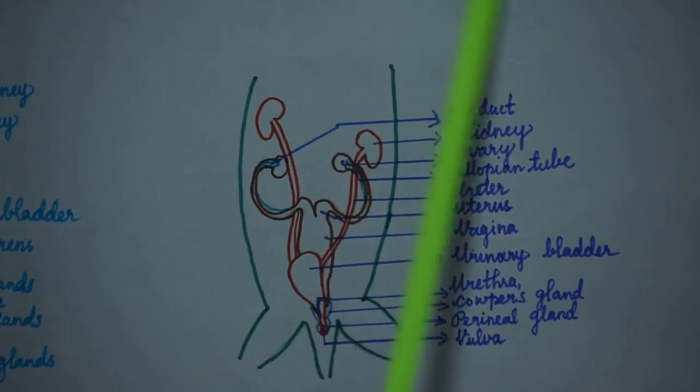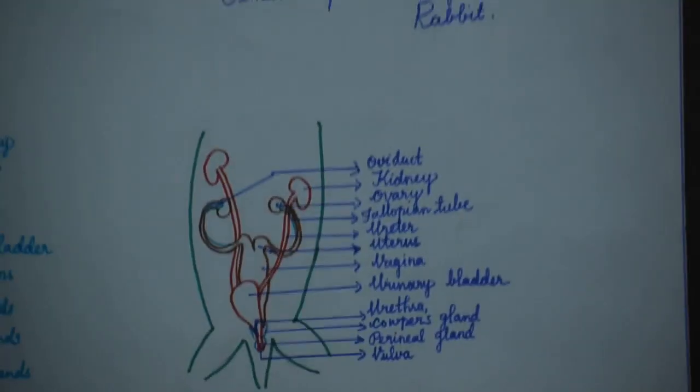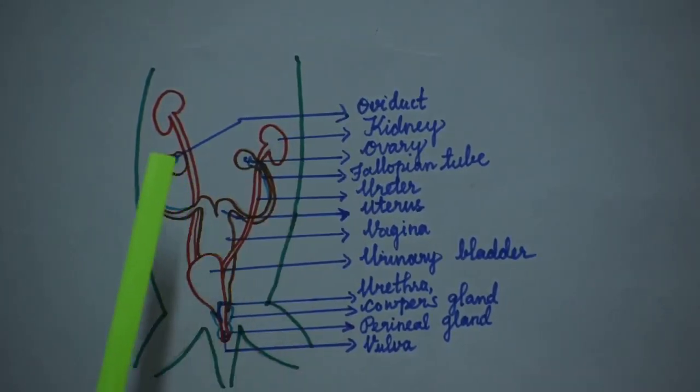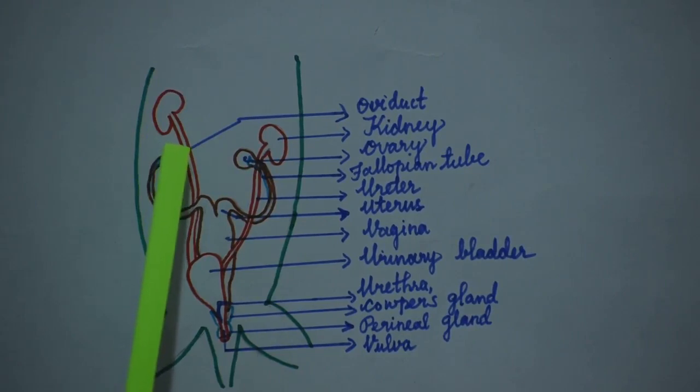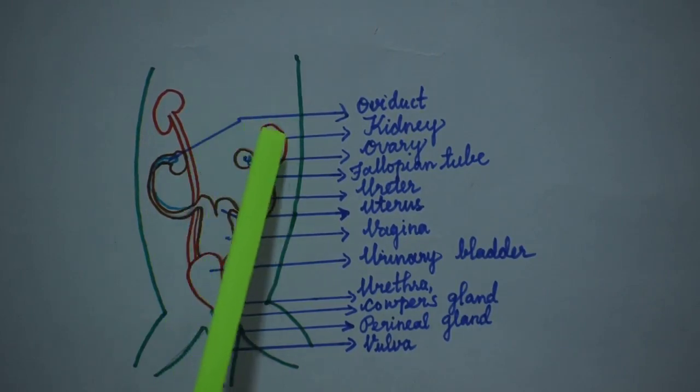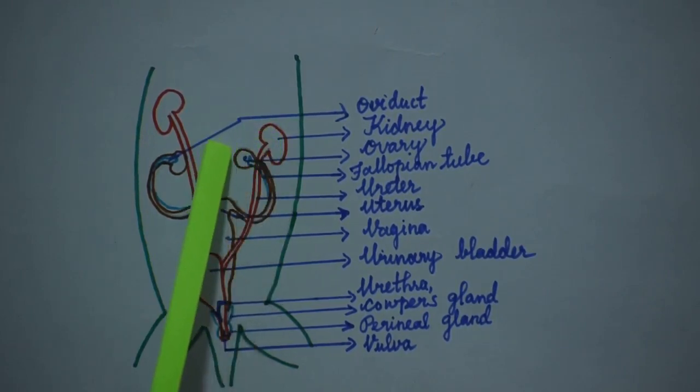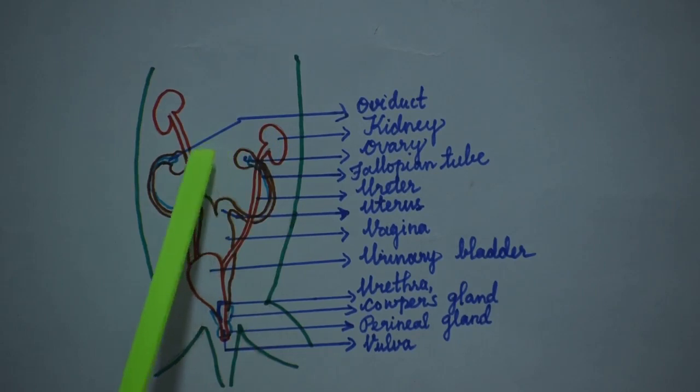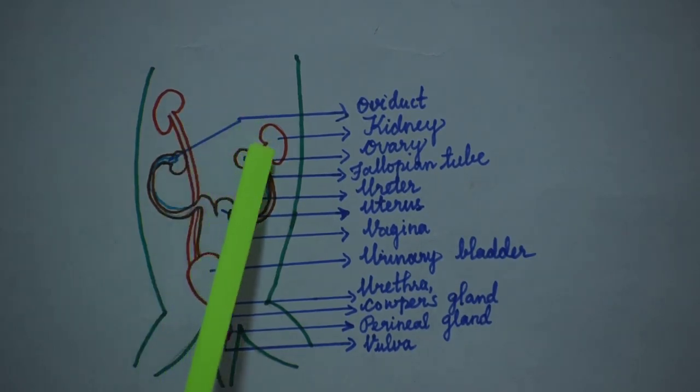Next, let us learn about the female reproductive system of rabbit. The female reproductive system of rabbit consists of a pair of ovaries. It is just behind the kidney, located in the abdominal region. The ovaries are oval in shape.